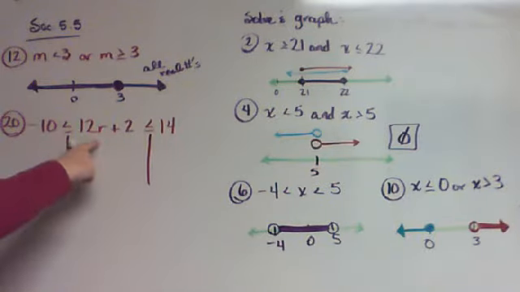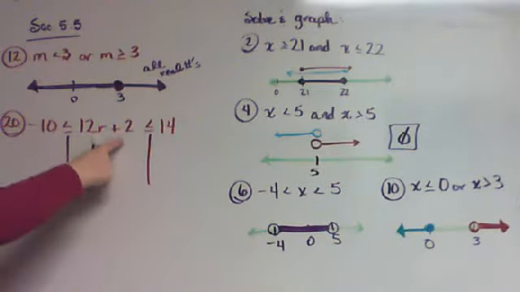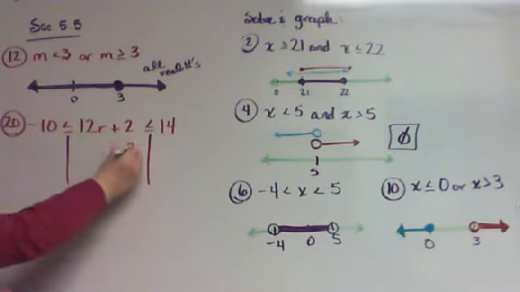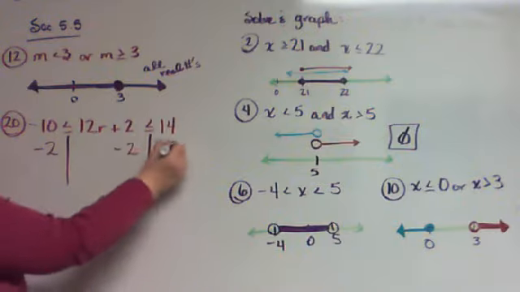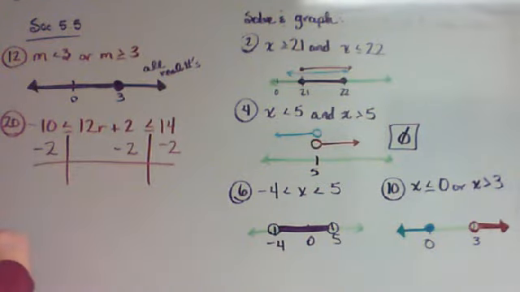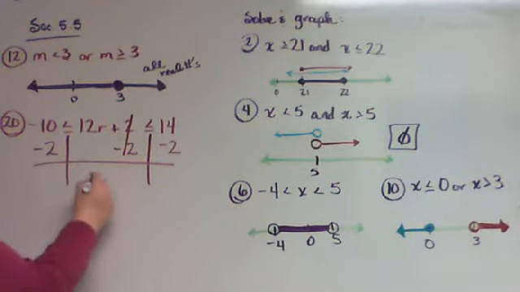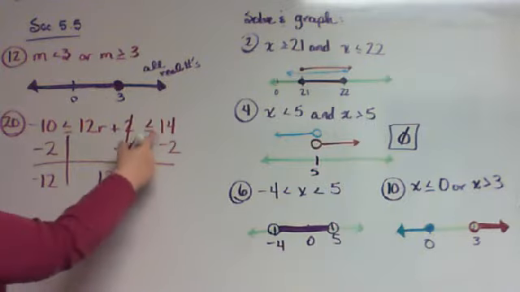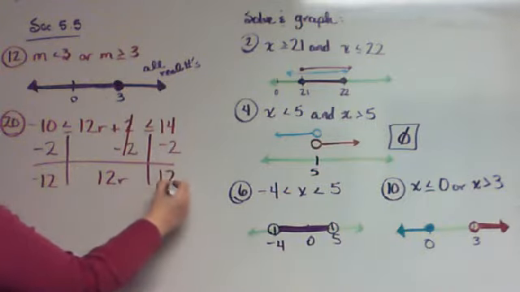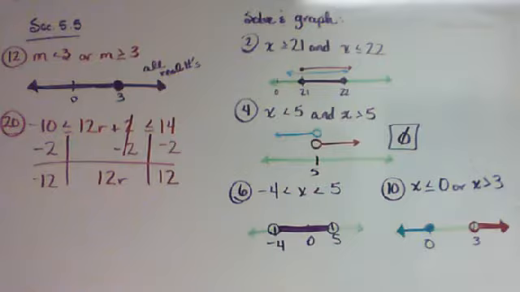So if I want to get my letter by itself in the middle, the first thing I need to get rid of is that 2. So I'm going to subtract 2. If I subtract it from here, I have to do it in both of the other places. So -2 and -2. That's going to make it go away here and leave me with 12R. Over here, -10 and -2 is -12. 14 and -2 is +12. And now I need to divide everything by 12 so that I can get the R by itself here.